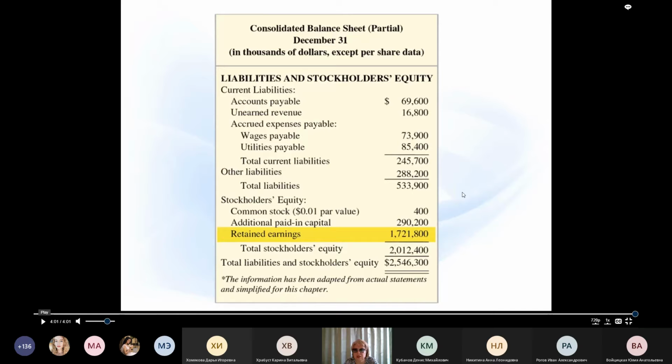So this is the main composition of the balance sheet. And in our next exercises in the next topics, we should apply this structure. So first of all, classify assets into current and non-current, and then put them on the balance sheet in the right order.